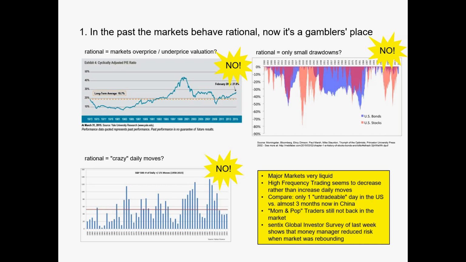Hey, Michael, let me ask you a real quick question, if I may. Sure. Down here where you say that the global investor survey, as of last week, was showing that the money managers were reducing risk when the market was rebounding. What that sounds like to me is the managers were liquidating positions on rebounds.